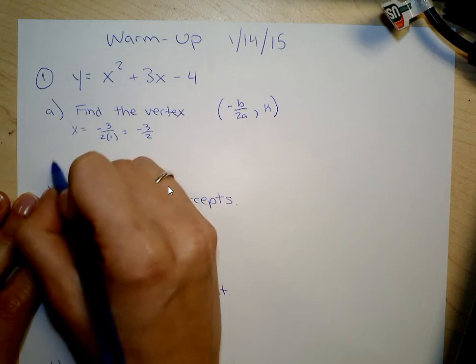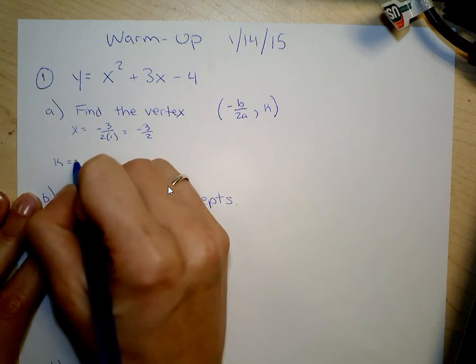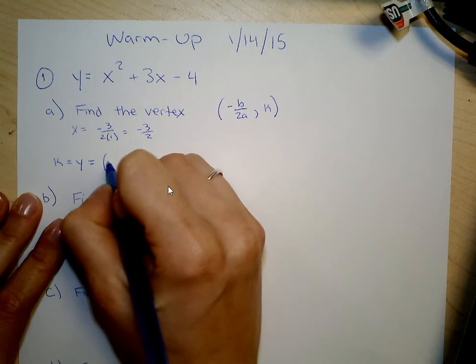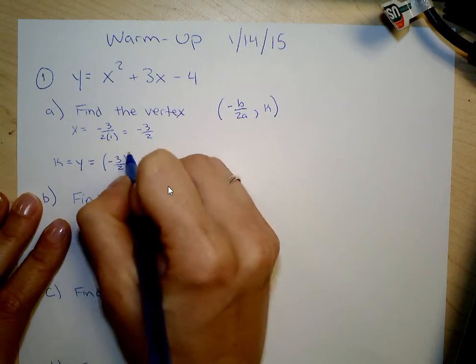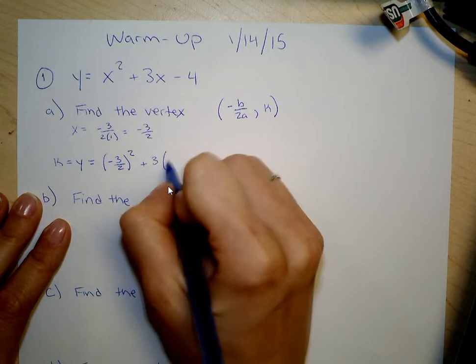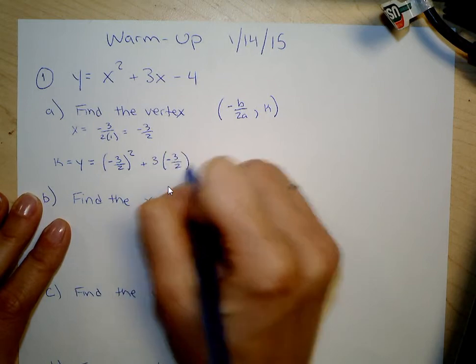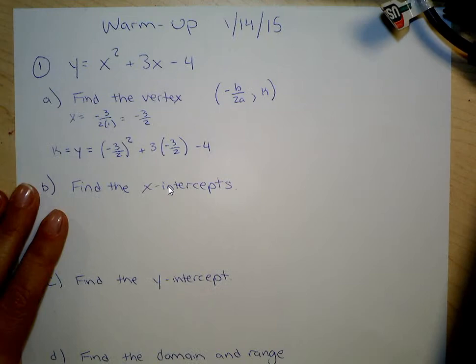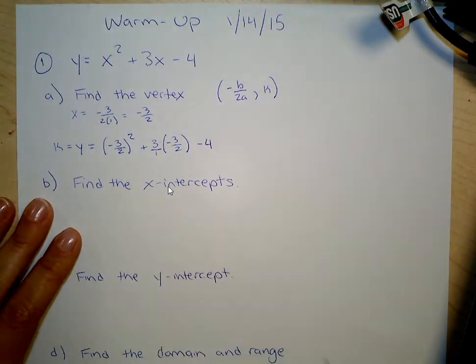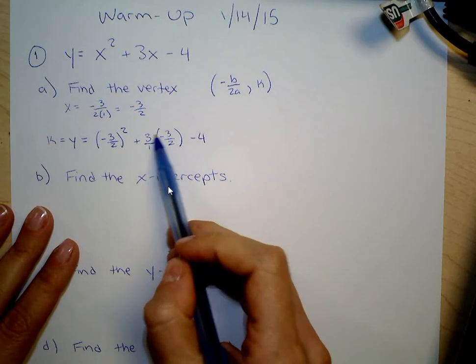So k is the same thing as my y coordinate, which is equal to negative 3 over 2 squared plus 3 times negative 3 over 2 minus 4. Now, the first thing I'm going to do is write this 3 over 1, and multiply straight across.